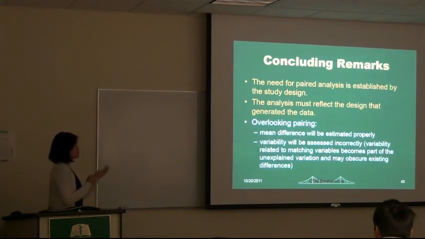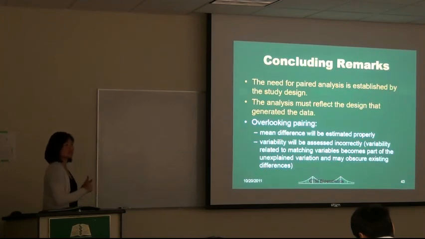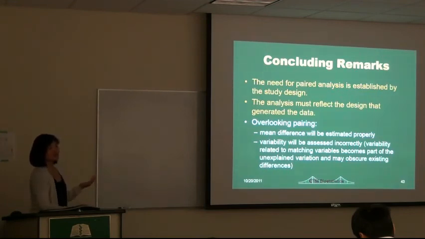There are a lot of tests that look at continuous variables and categorical variables for uncensored cases. But when you look at survival time, for instance, that is actually more complicated. And especially if you look at competing risk data, there are very, very few methods right now that you can use to do a paired or matched analysis.